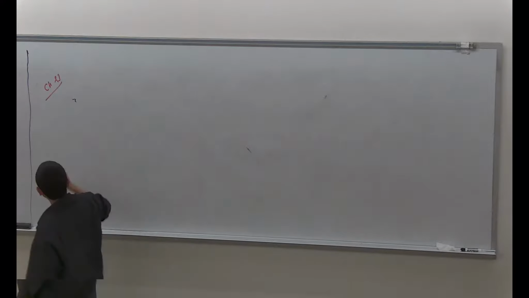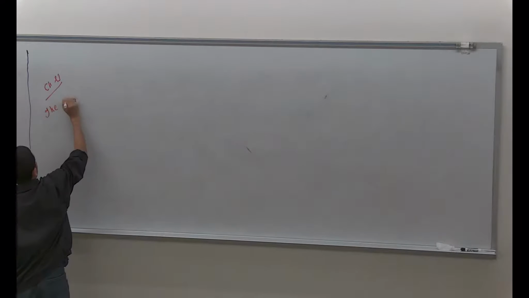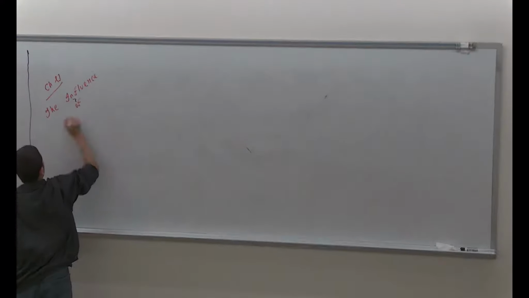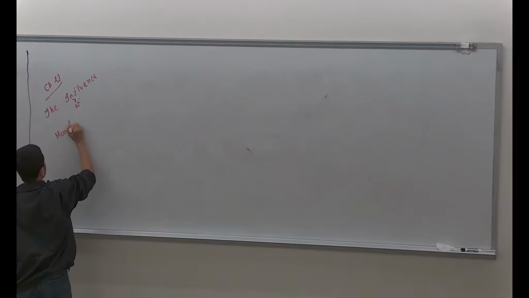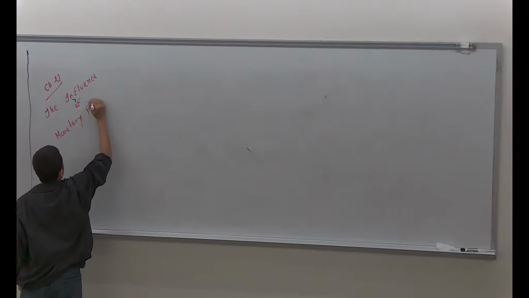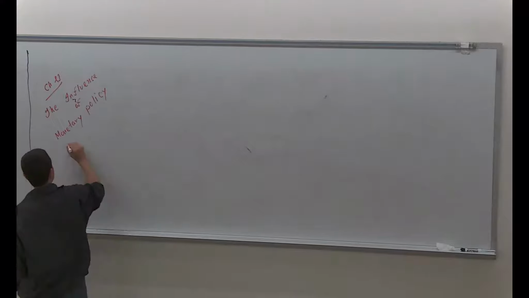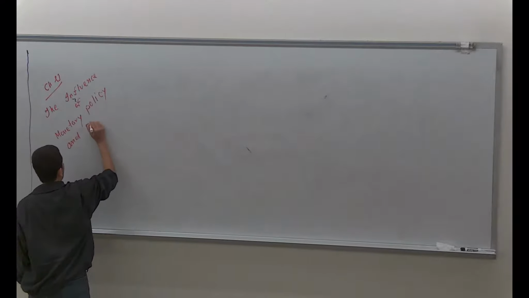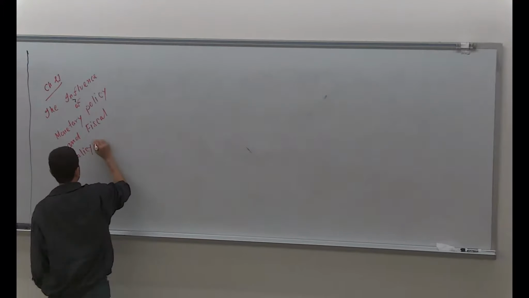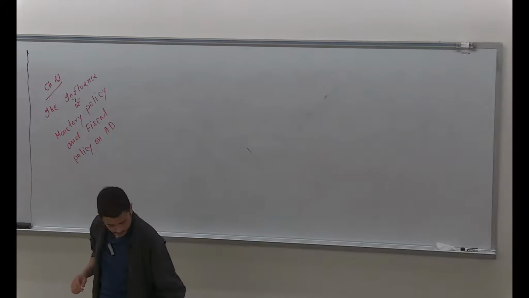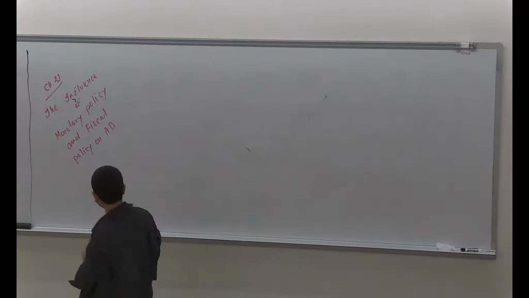In this chapter we'll talk about the influence of monetary policy and fiscal policy on aggregate demand. So how can monetary policy and fiscal policy affect aggregate demand?